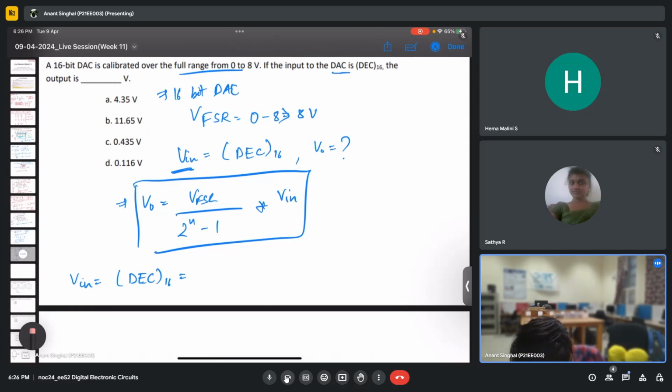So in hexadecimals, we have A, B, C, D, E, F, which is 10, 11, 12, 13, 14, and 15. So D will be 13 times 16 raised by 2 plus E will be 14 times 16, and finally we have C, which is 12.